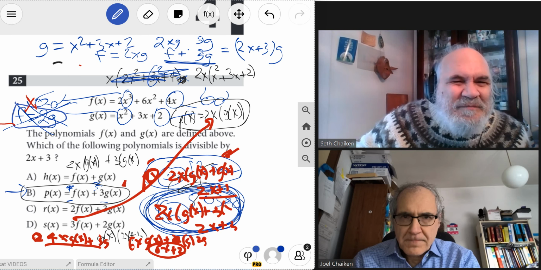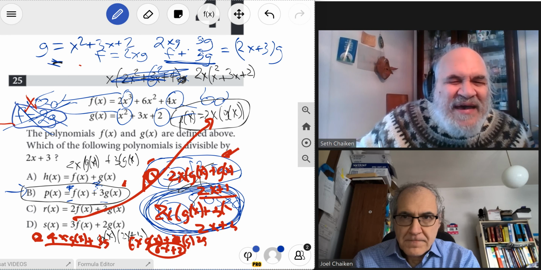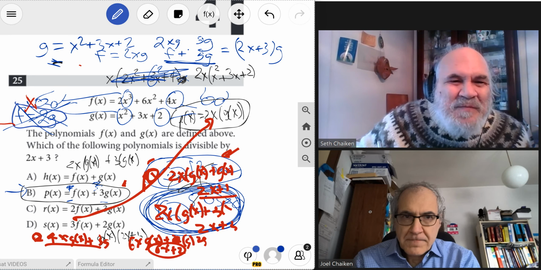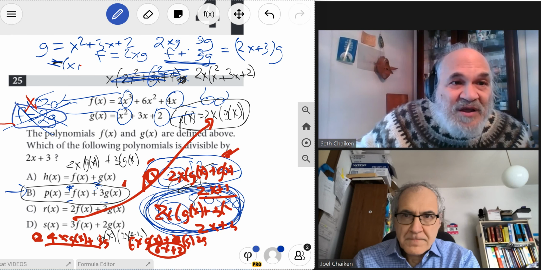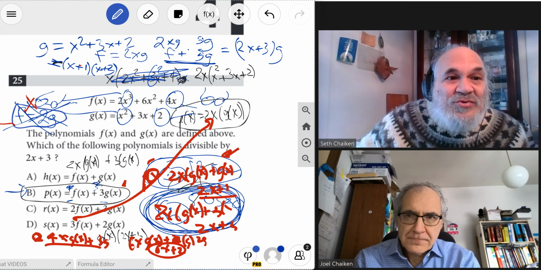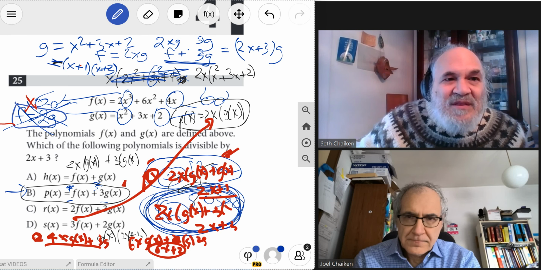And my reaction when I'm doing a problem involving monomials is to factor it. Now, this is factorable. This gets factored into x plus 1 times x plus 3, neither of which is equal to 2x plus 3, or neither of which is equal to x plus 3 halves.